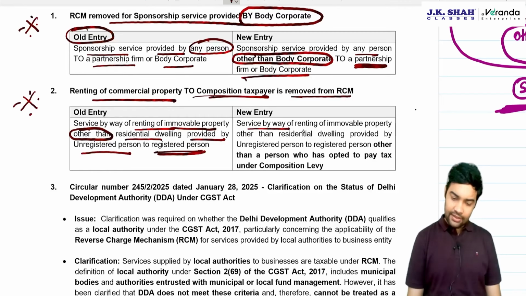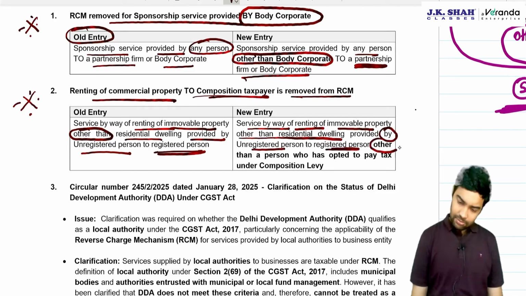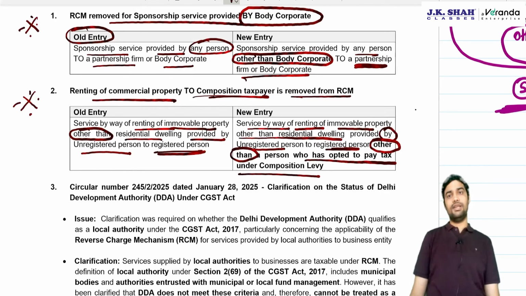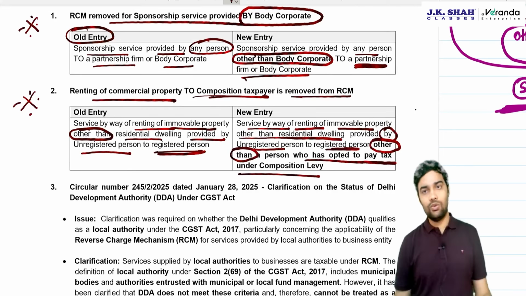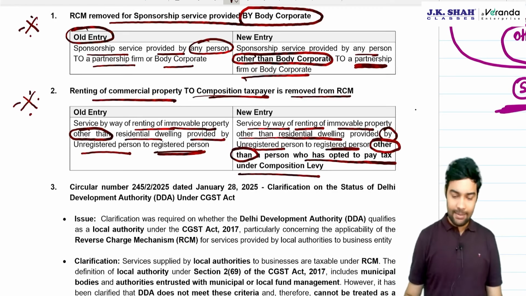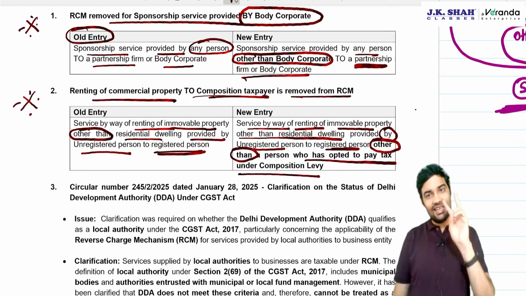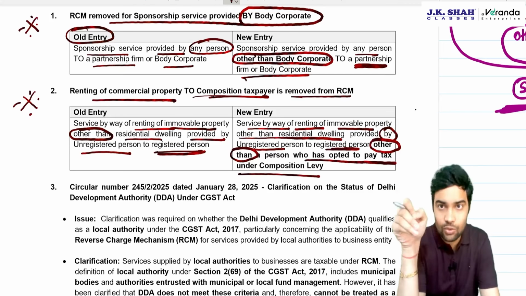Now the new entry says renting of immovable property other than residential dwelling provided by an unregistered person to a registered person other than a person who has opted to pay tax under composition. If you have opted to pay tax under the composition levy, you are outside RCM for commercial property. Composition dealer is excluded as a recipient.